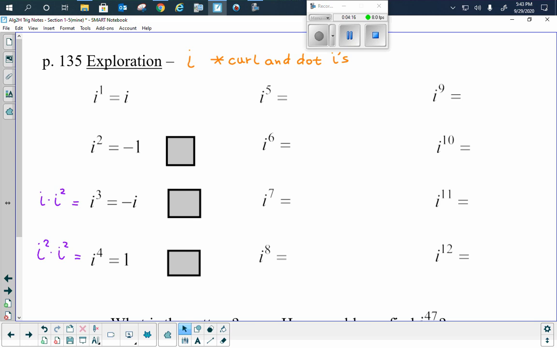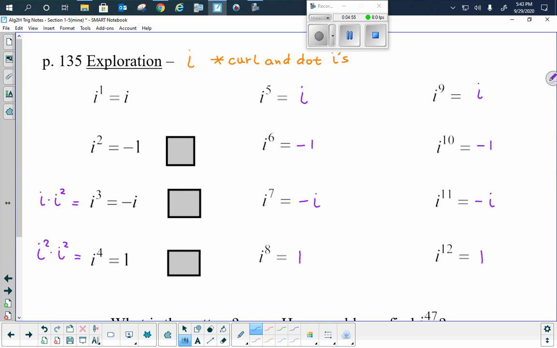If you keep going, i to the fifth would be i to the fourth times i, and i to the fourth is 1. So i to the fifth is i. Figure out i to the sixth however you want to do that, i to the fifth times i, or i squared times i to the fourth, that's probably the easiest one. You'll get -1. i to the seventh would be -i. i to the eighth would be 1. i to the ninth would be i, i to the 10th is -1, i to the 11th is -i, and i to the 12th is 1.